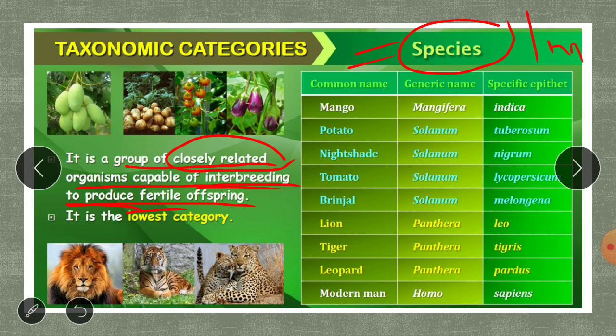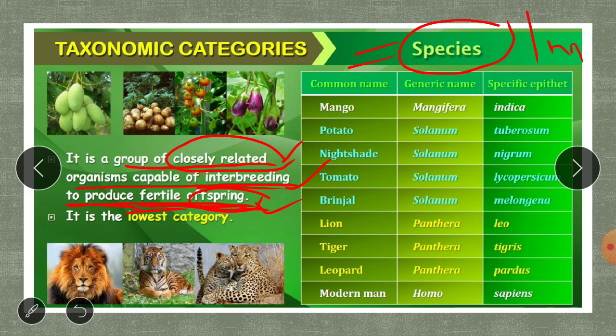Not only children, these children should be fertile. Means the children that these parents are producing must again be able to produce their children, which are similar to the parent. Hence, it is a group of closely related organisms capable of interbreeding to produce fertile offsprings.